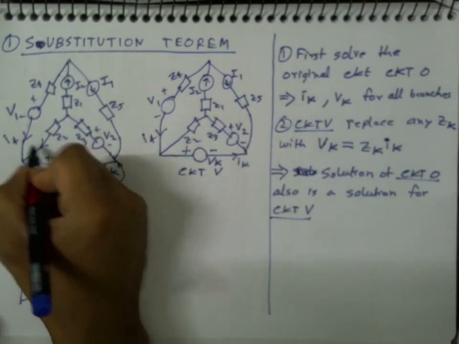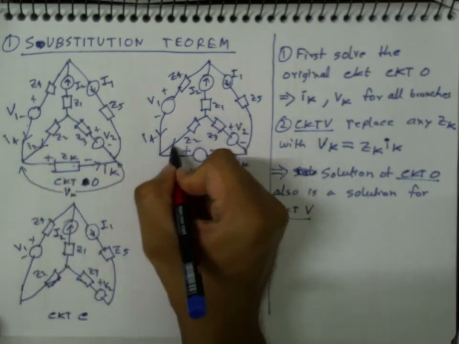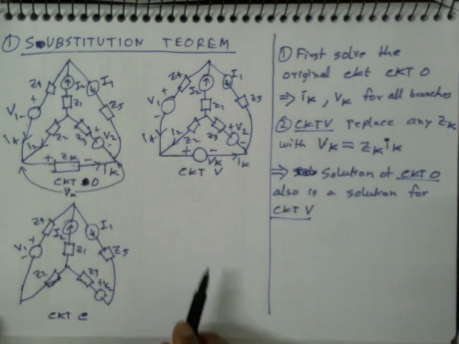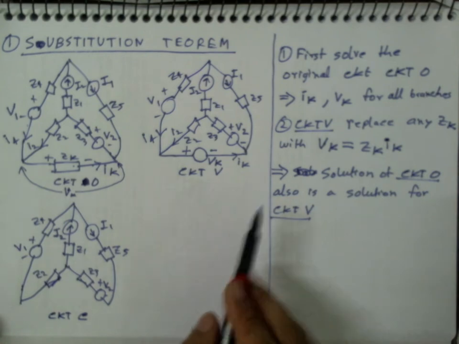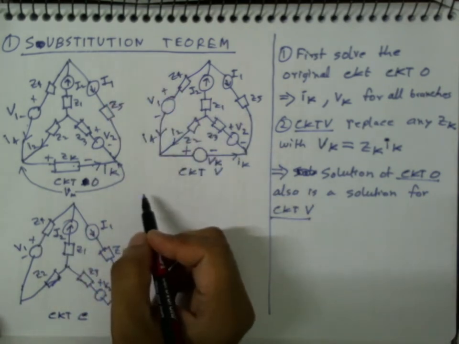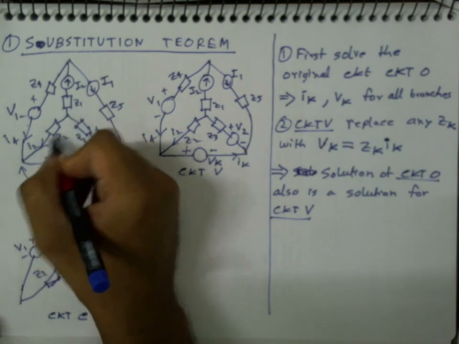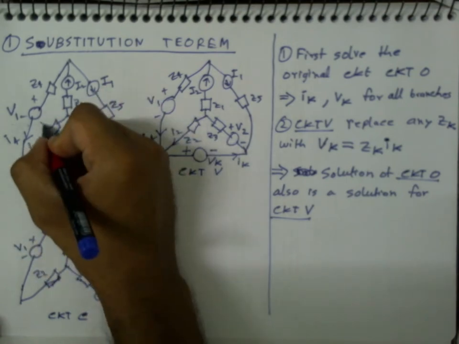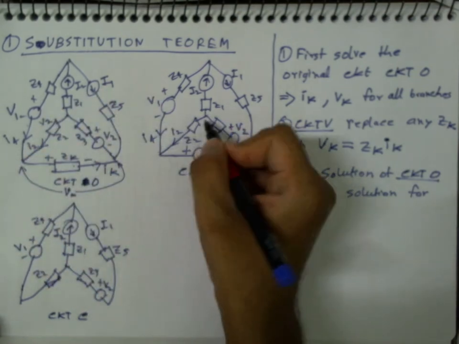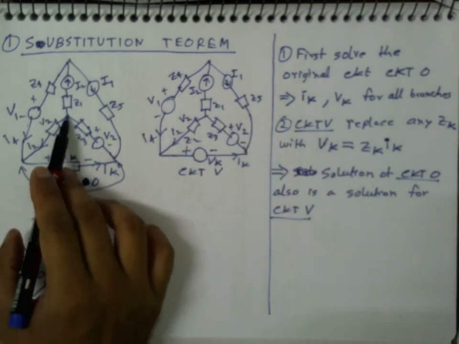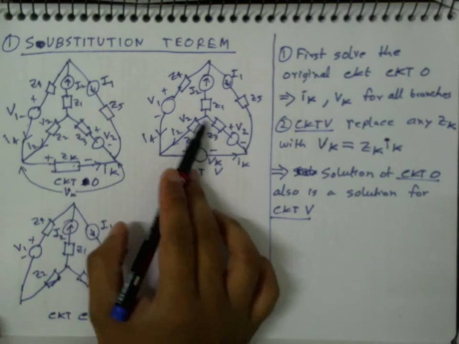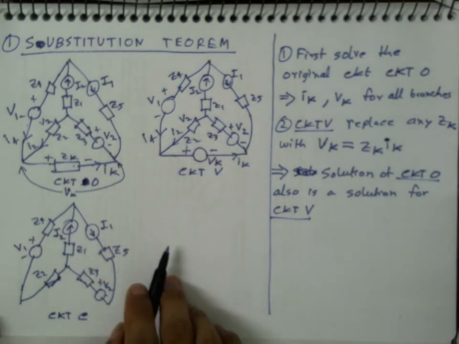If this current was originally I2, I will take this as I2, and so on. And also the voltages: if this voltage was V2, I will choose this voltage as V2. Similarly, if this is V3 here, I will take V3 here, etc.